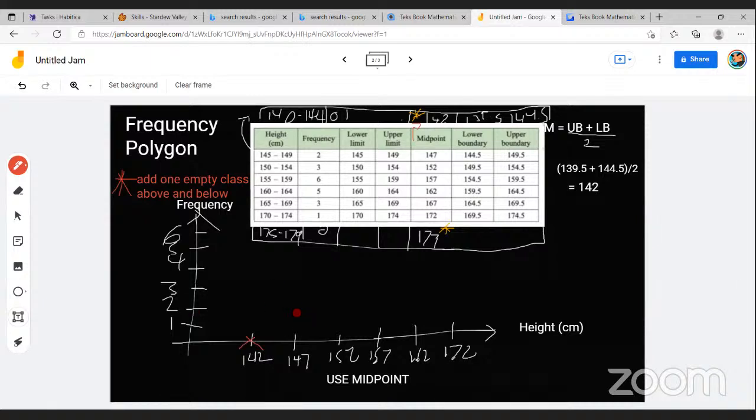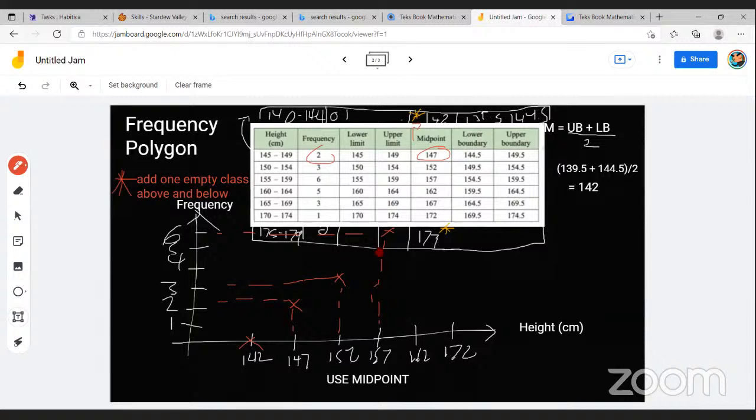Then the second one, you of course start doing based on the frequency. This one you can see 147 has a frequency of 2. So you do it the same way, and then you keep doing this with the rest. 152, I have no space. I'll just draw over the table for now. 157 is 6.